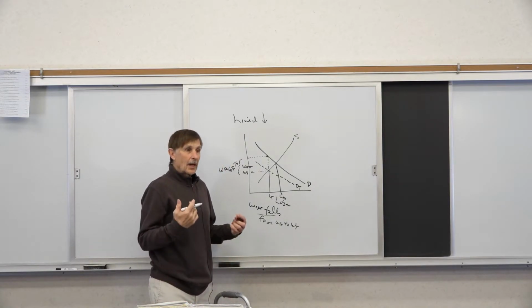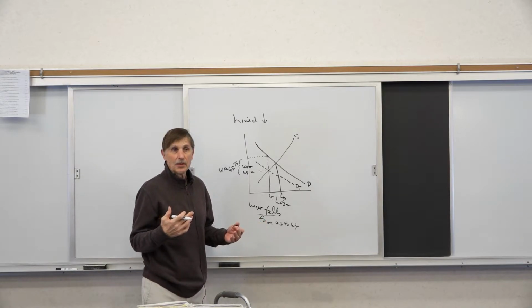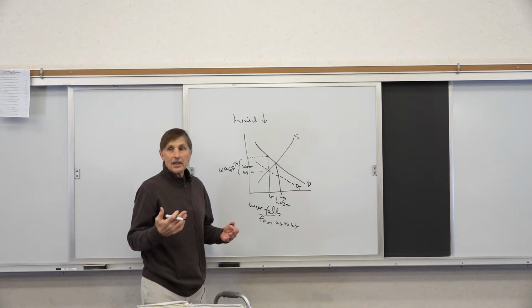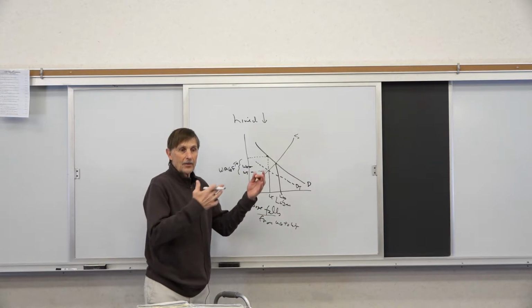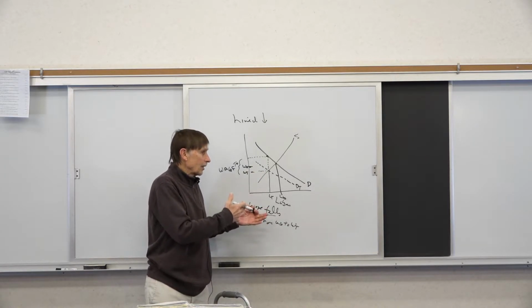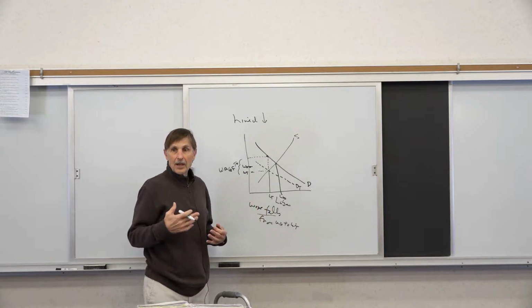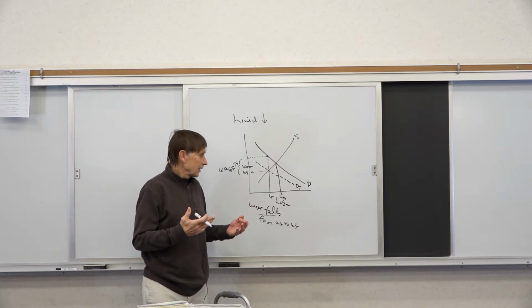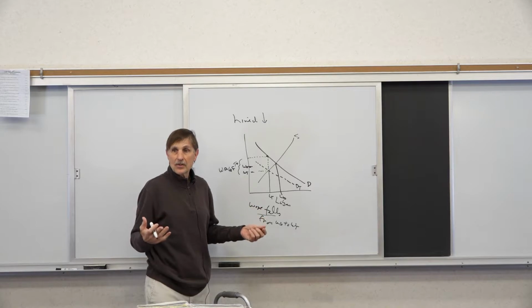Again, when we looked at the same thing when we were looking at a tax on a product, right? The amount that the employer is bearing the burden of the tax, and the amount that the employee is paying the tax, that amount will depend on the elasticity of supply and the elasticity of demand, right?